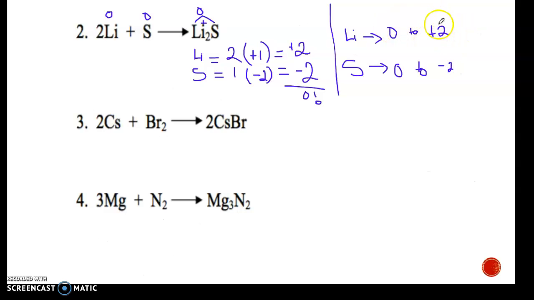Well, from 0 to plus 2, in chemistry, that means that we lost electrons because we're becoming more positive. So when we lose, we oxidize. I'm just going to write my ox. And then from 0 to negative 2, it means that we gained electrons because electrons are negative. So the more negative I become, that means I have more electrons. So that means we gain electrons. That means we are reducing.